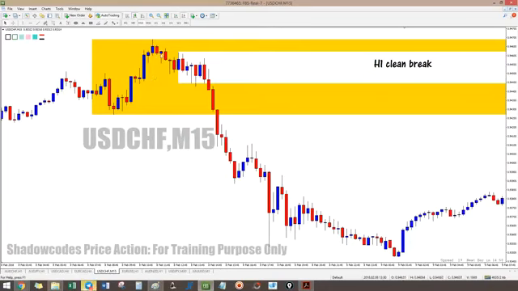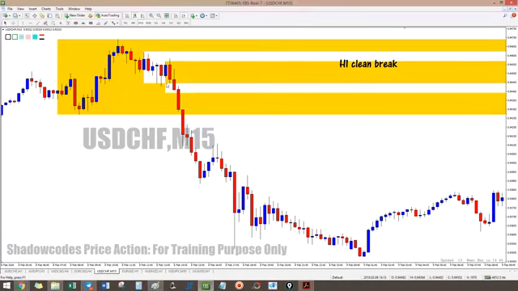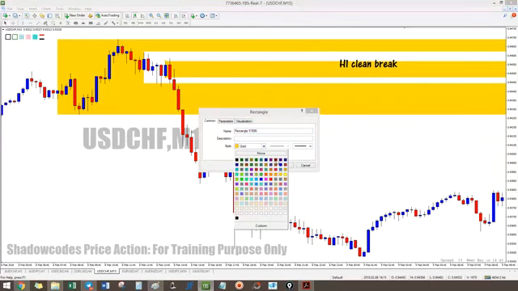Over here you got no clean break, no clean break here. So this one is on M15. Change the color, for example to green.